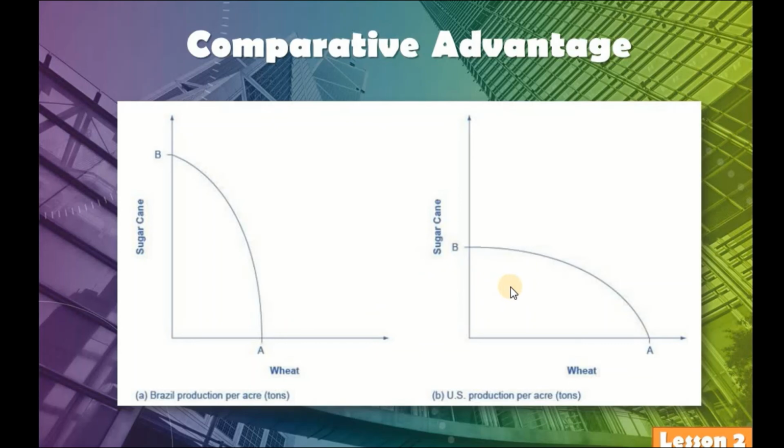Dito naman, mas mababa si sugar cane. So, kung mapapansin niyo, ano po yung comparative advantages nila? Comparative advantage ni Brazil is sugar cane. Ang comparative advantages ni US is wheat. So, ito yung kanilang tinatawag na comparative advantages. Saan sila mas madali? Or saan sila mas lamang? Okay? So, yun po yan.